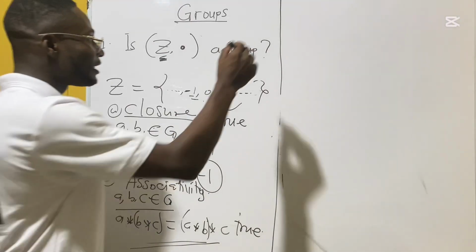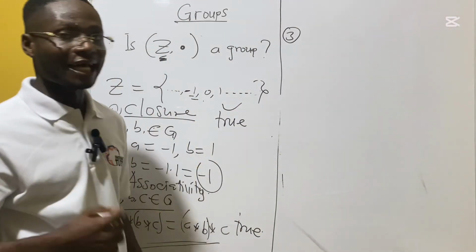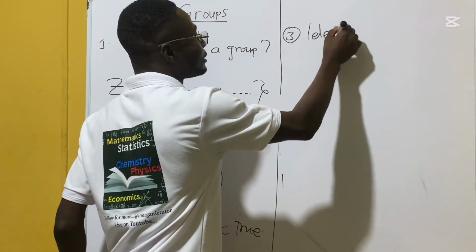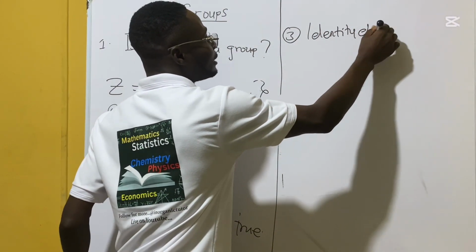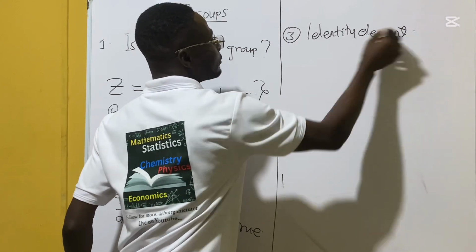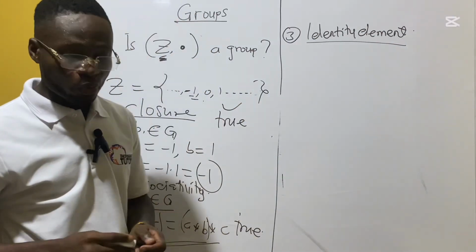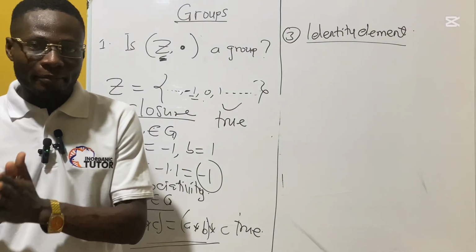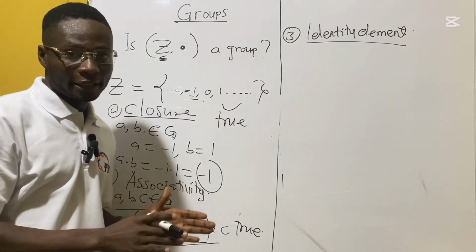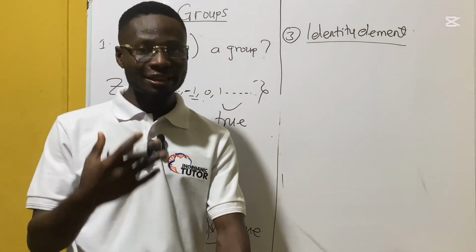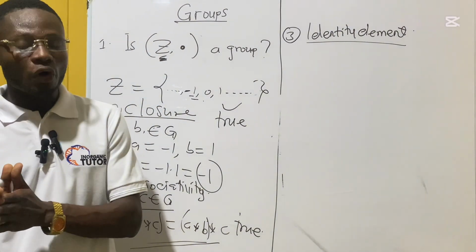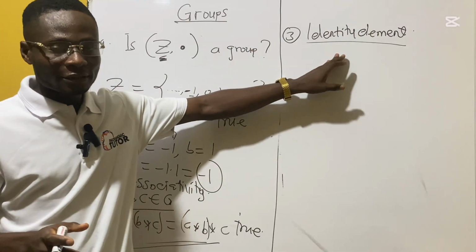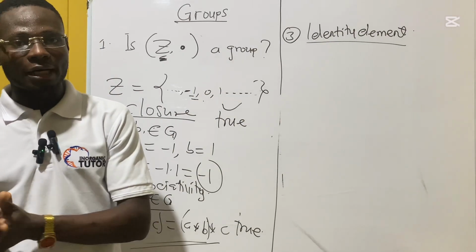All right, let's check for the third property, which is the identity element. With regards to the identity element, when you have an element, let's say an element called A, when you perform the operation on it with the identity element, you should have the element back, right?